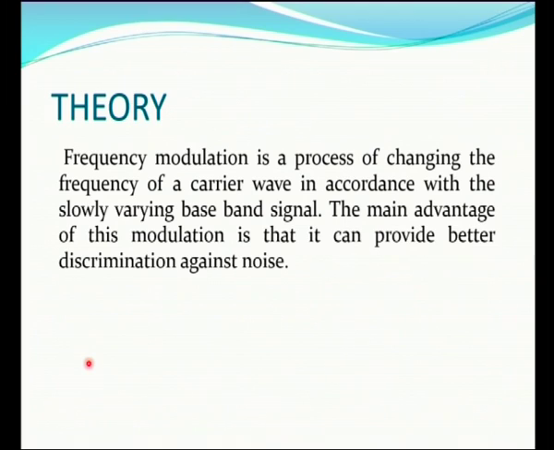In frequency modulation, the message signal is imbibed in the frequency changes of the carrier. As noise disturbs only the amplitude of the carrier, the message is not affected. So, this has a very good advantage of noise free transmission. That is why we go in for frequency modulation.